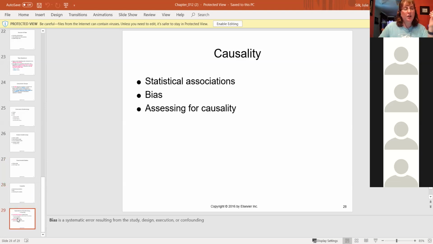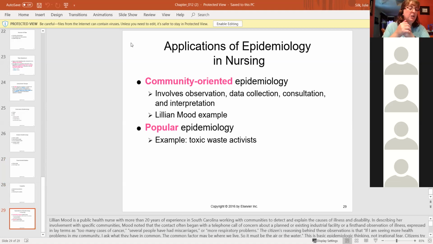So then the very last slide talks about community-oriented epidemiology. This involves observation, data collection, consultation, and interpretation. They talk about this lady, Lillian Mood, as an example. Lillian Mood is a public health nurse with more than 20 years of experience in South Carolina. She worked with communities to detect and explain the cause of illness and disability.